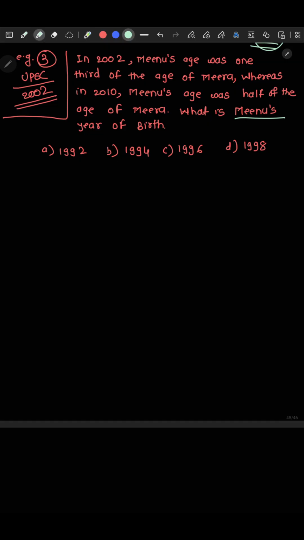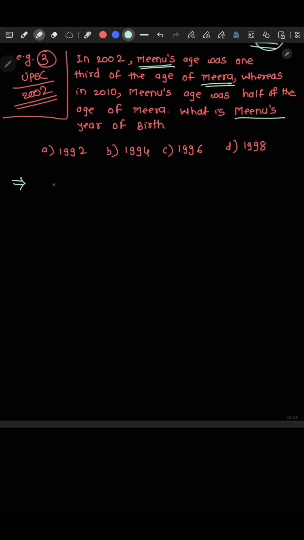Now how to solve this problem? So first, generally what I used to say, for example, Ramesh and Suresh names, then Ramesh's age is R and Suresh's age is S. So generally I do consider that. But here in this example, the names of the persons are different. At one place it is Minu and the second one is Mira.